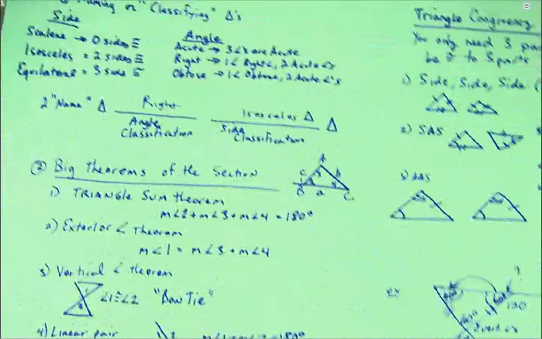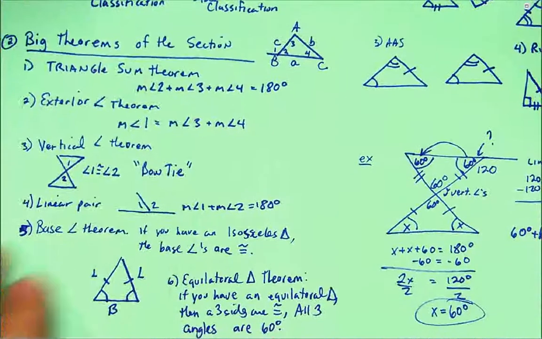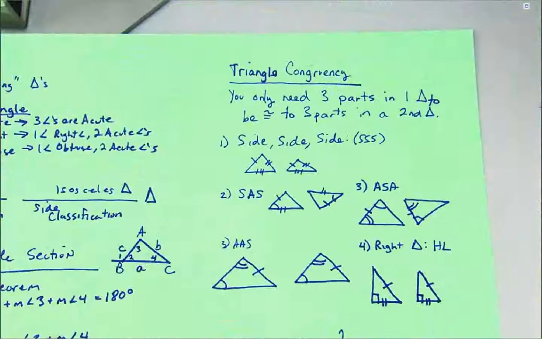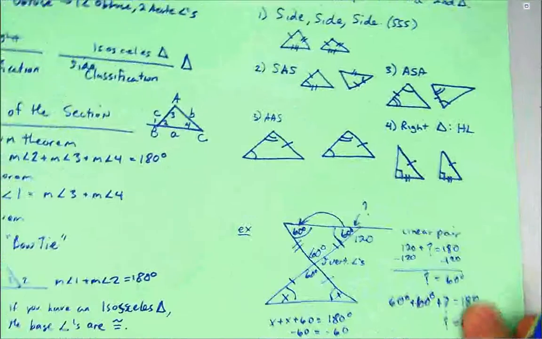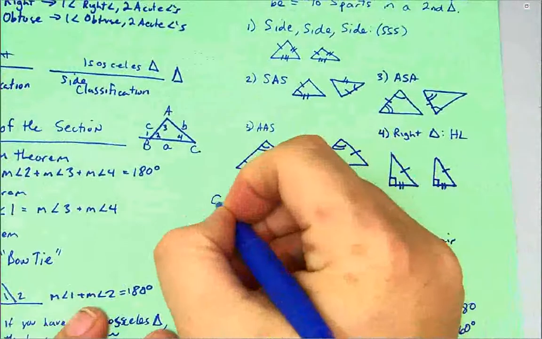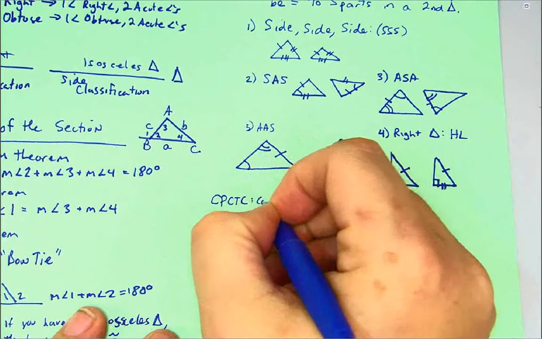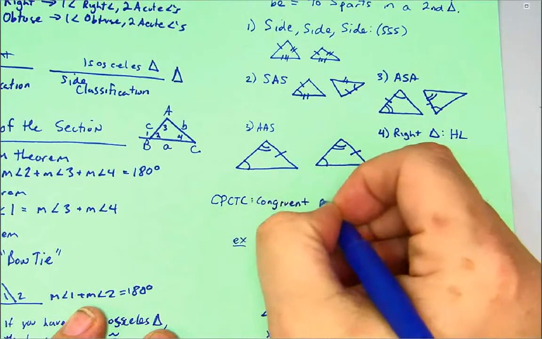So this review that I gave you is just more about, alright, what do we need to know about triangles? And we have our theorems, the big theorems that you need to know. We have the triangle congruency theorems. One thing I didn't put over here is CPCTC. Congruent parts.